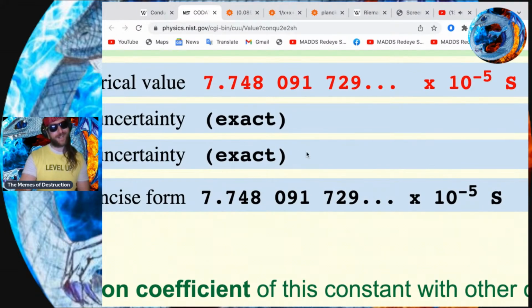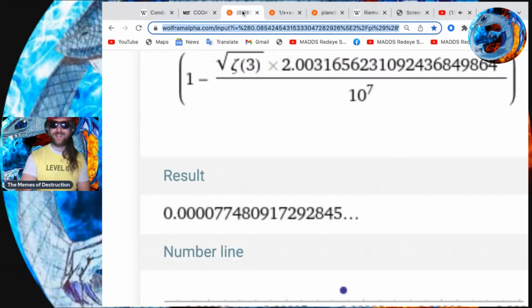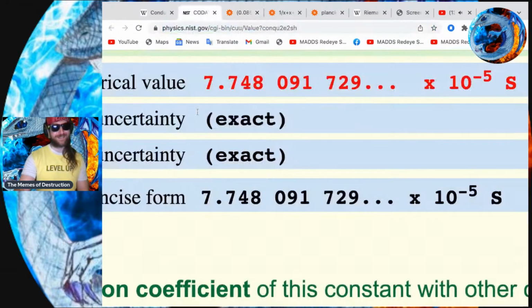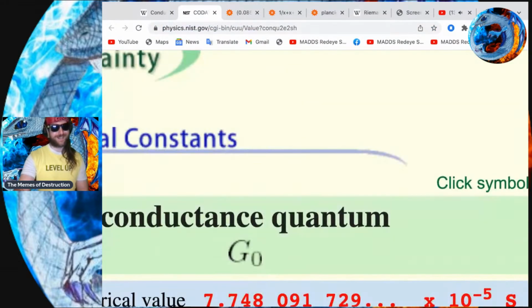And that's being defined as exact to the best level of our measurements and devices at this time. Oh, the next digit's a 2, so if we were to round down, my friends, this appears to be a geometric derivation of the quantum of conductance. Excuse me, the conductance quantum.